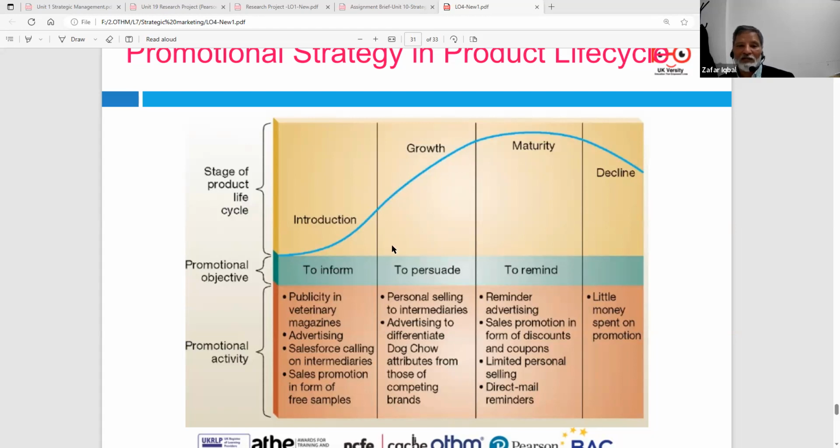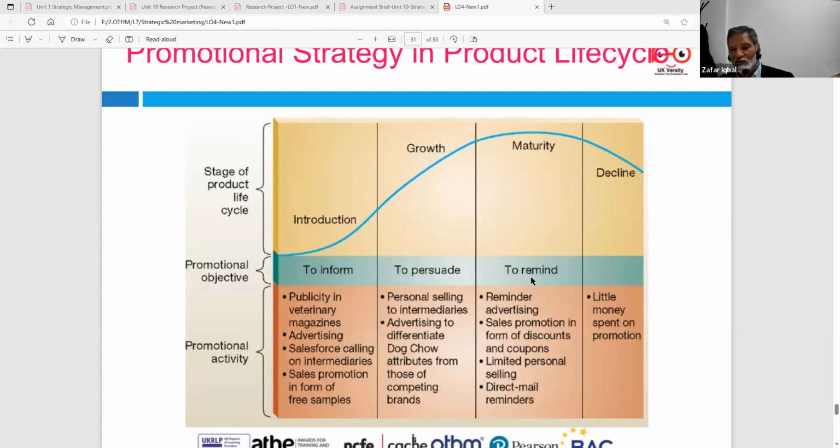They are getting more sales, and the product is growing rapidly, so revenue increases. At the third stage of the promotional strategy, when the product is maturing, the aim is to reinforce in the public's mind that the product is still there.